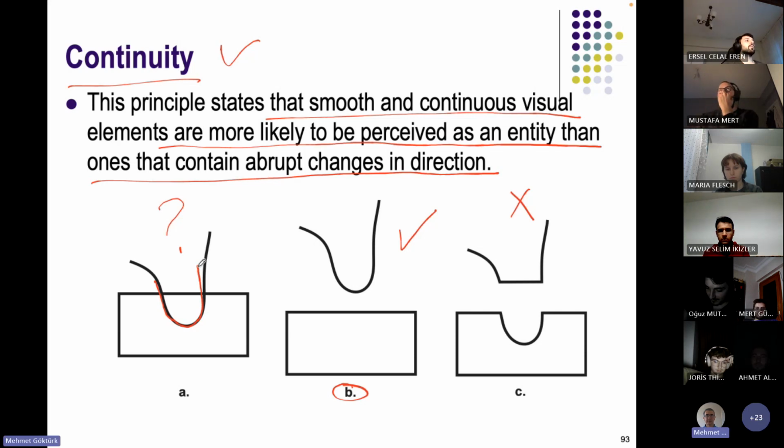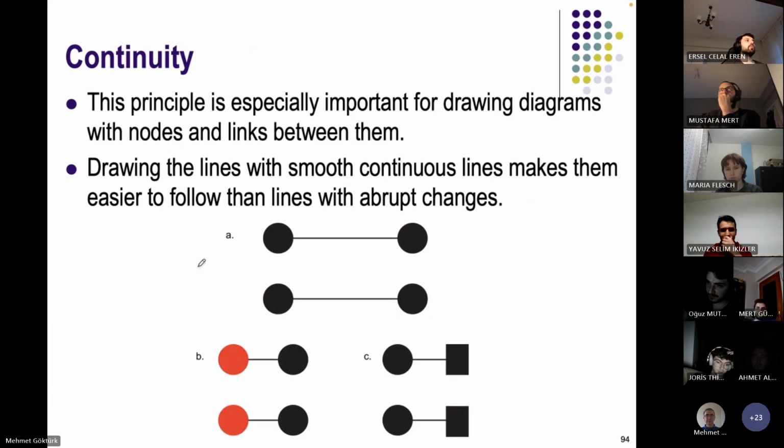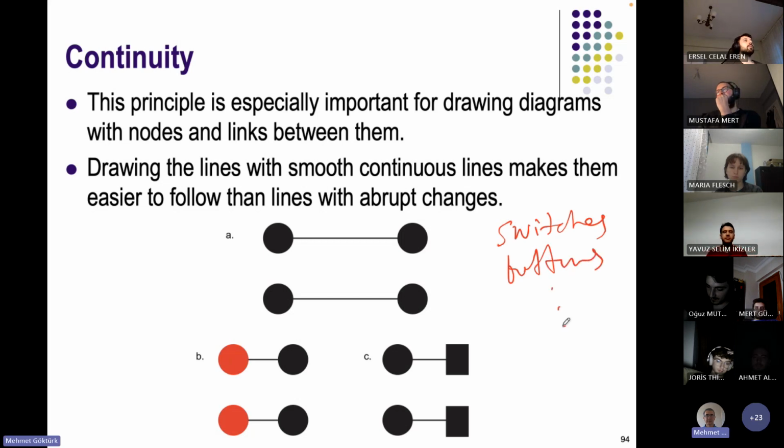Because the real world is mostly continuous. The typical outcome of this is when you group things, group switches, buttons, etc. When you connect them together with a line, they are perceived as a member of a group.